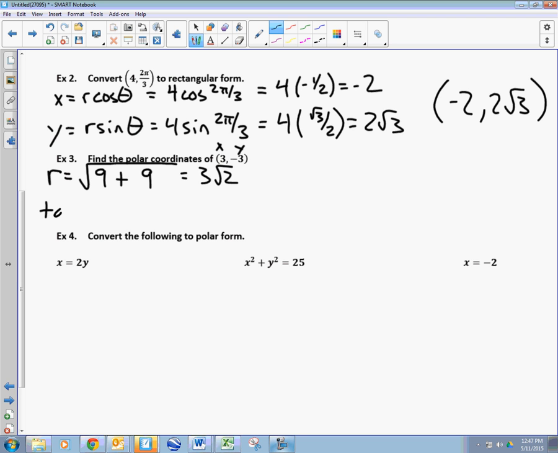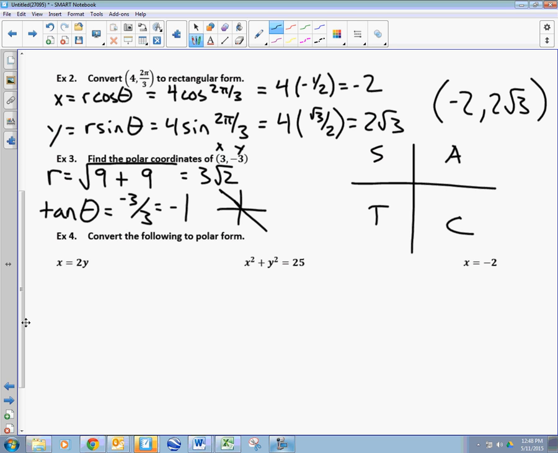And then we set up the tangent of theta is equal to y divided by x. Which quadrants is tangent negative in? Second and fourth. Very good. All students take calculus.